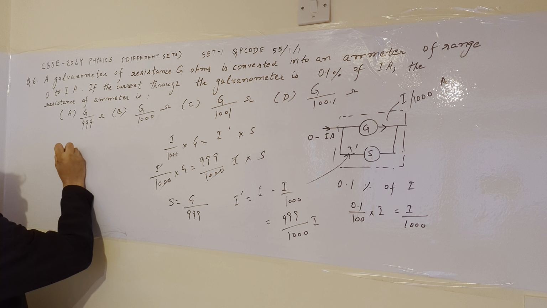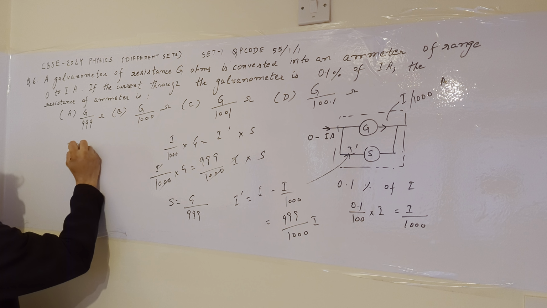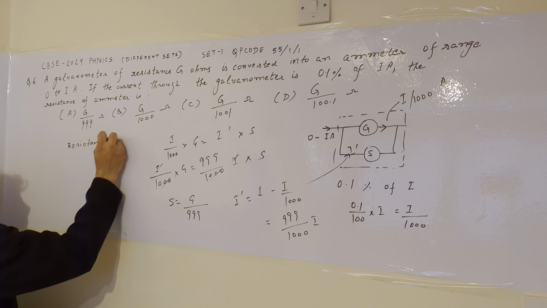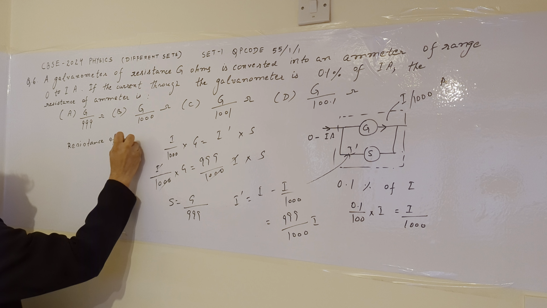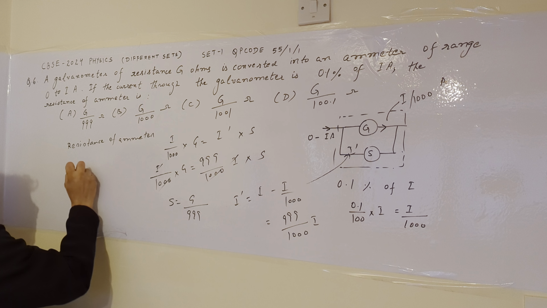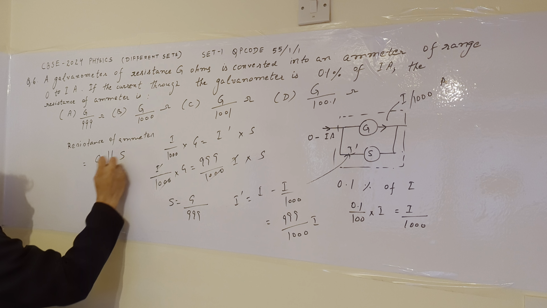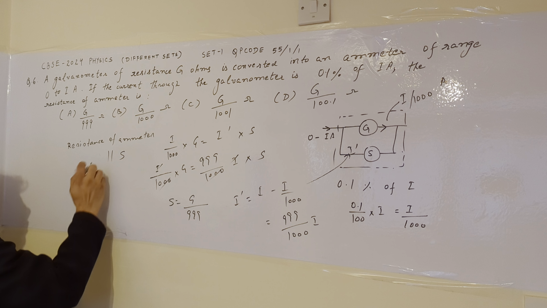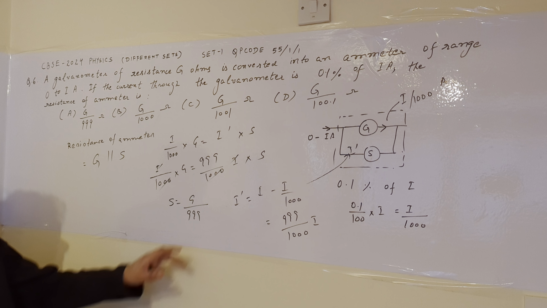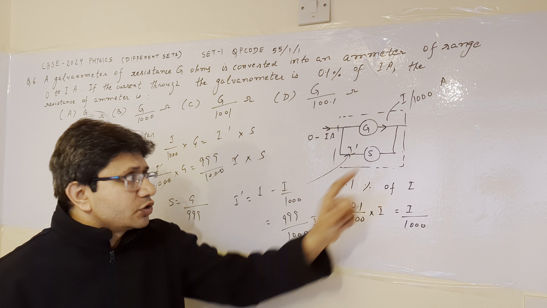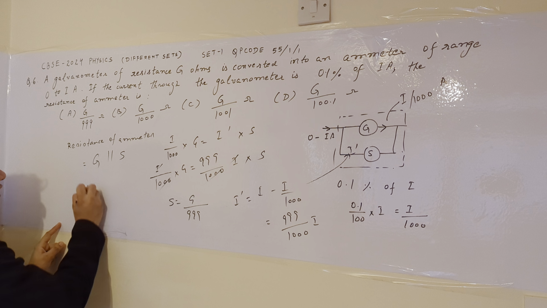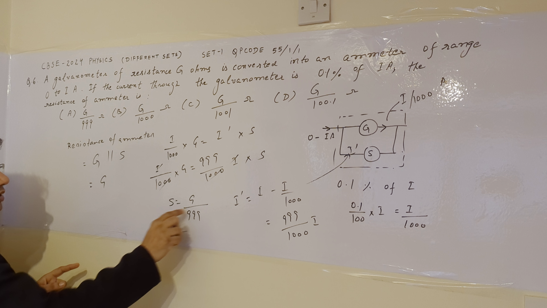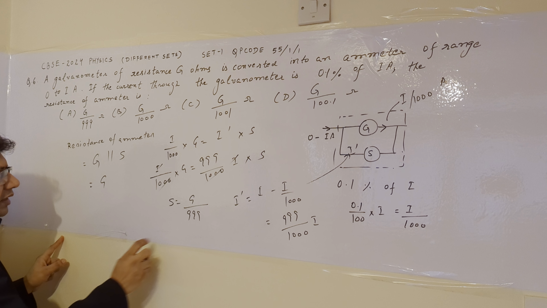Now, as I said earlier, the resistance of the ammeter is the parallel combination of G and S, that is the resistance of the galvanometer and the resistance of the shunt. The resistance of the galvanometer is G and the resistance of the shunt is G upon 999.